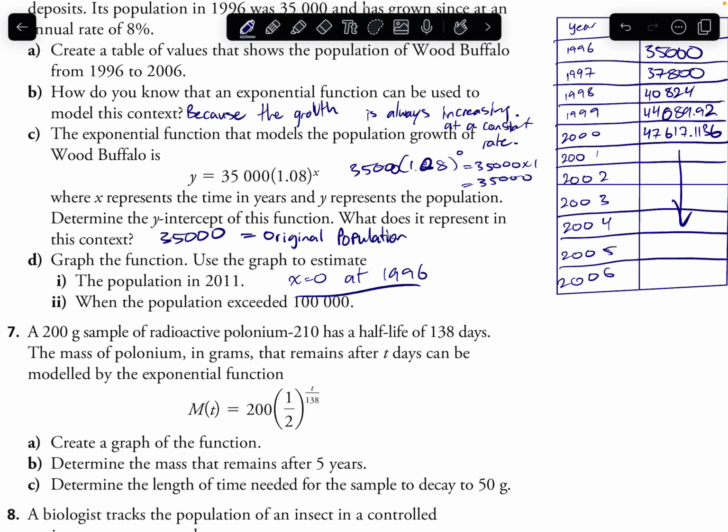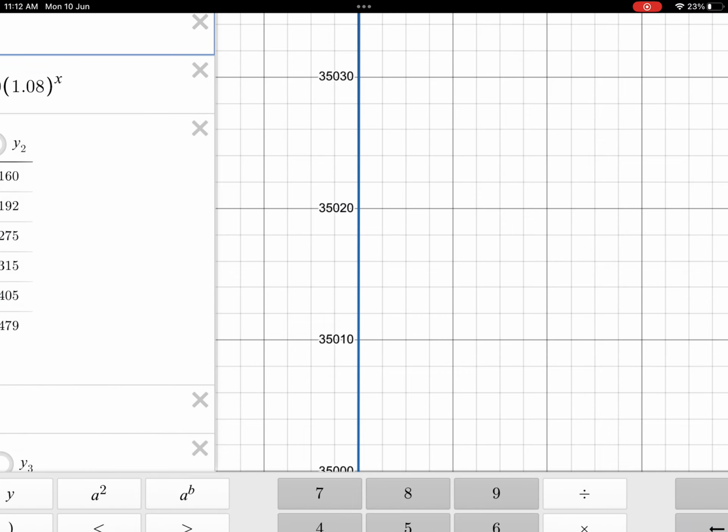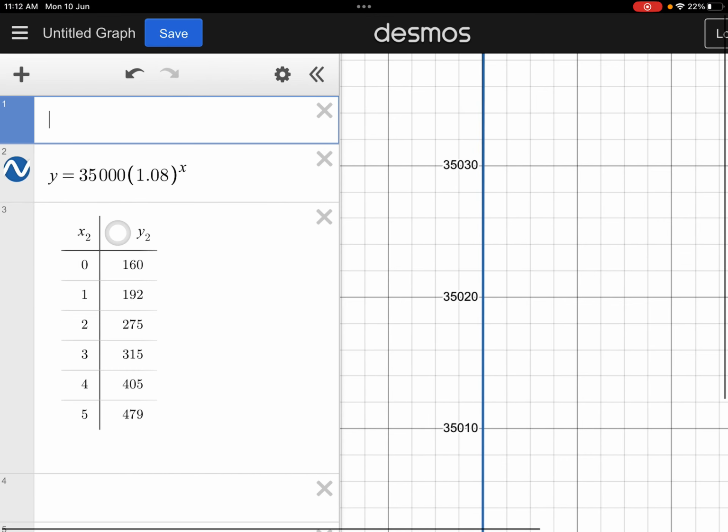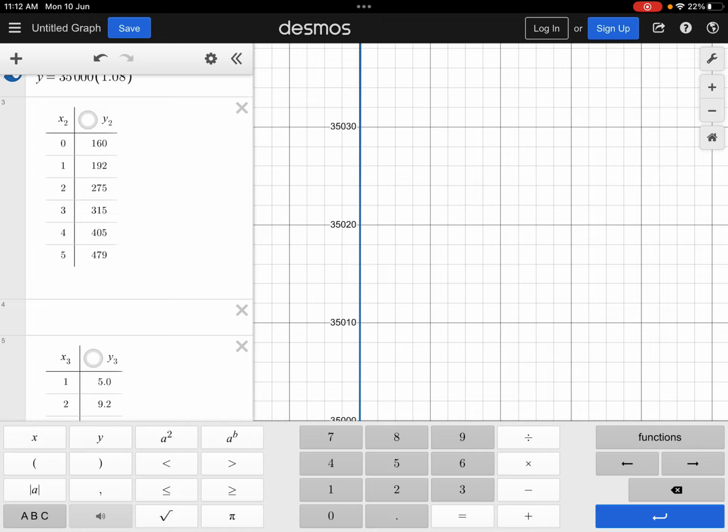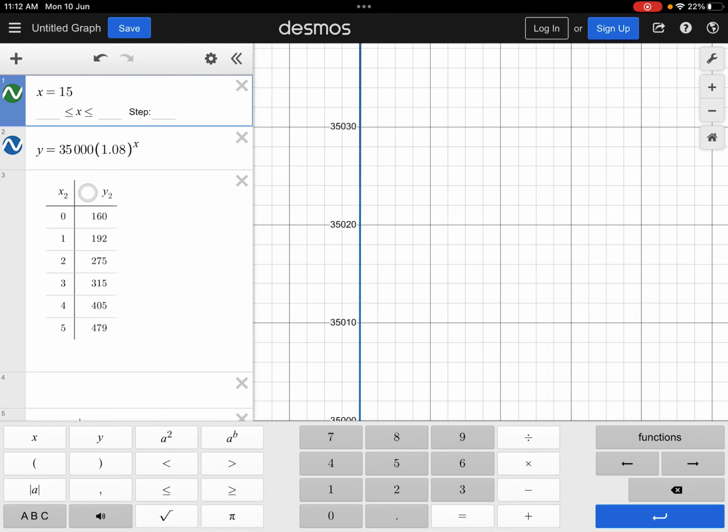So to get to 2011, 2011 minus 1996 is going to be 15 years. So we're actually putting in x equals 15.